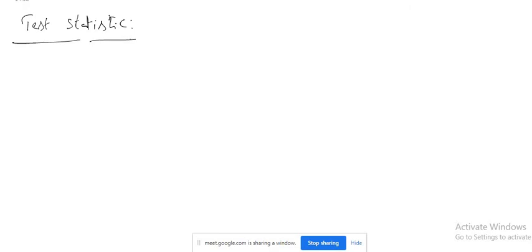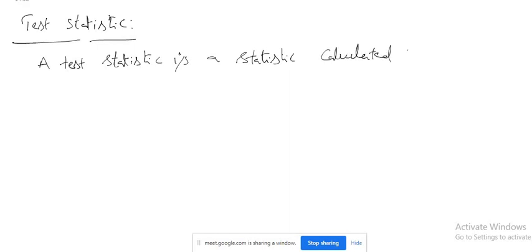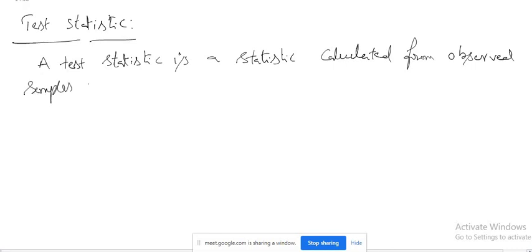A test statistic is a statistic calculated from observed samples x1, x2, and so on up to xn.